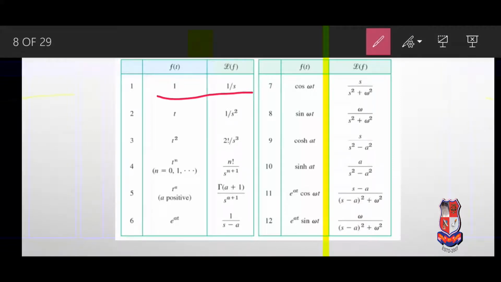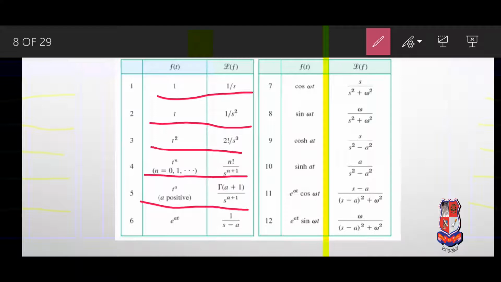Laplace of 1 is equal to 1 upon s, Laplace of t is equal to 1 upon s square, Laplace of t square is equal to 2 factorial upon s cube, Laplace of t raised to n is equal to n factorial upon s raised to n plus 1. t raised to a is equal to gamma a plus 1 upon s raised to a plus 1. e raised to at is equal to 1 upon s minus a.